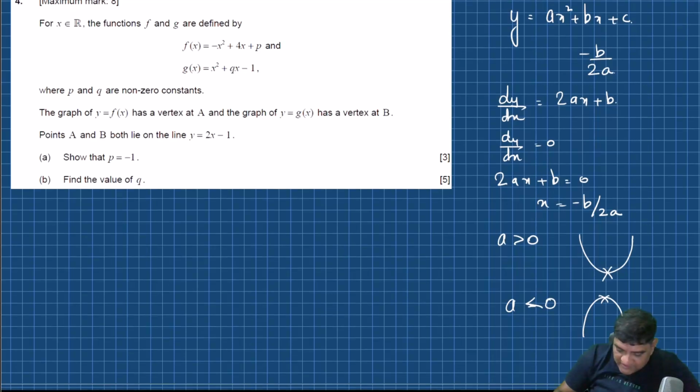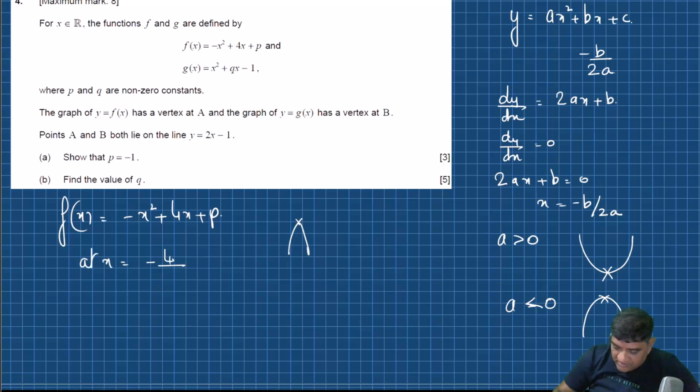Let me take the first equation, f of x equals minus x squared plus 4x plus p. For this, it's a downward parabola, and hence there's going to be a maximum, at x equal to minus b by 2a, which is going to be 2. F of x has a vertex there.